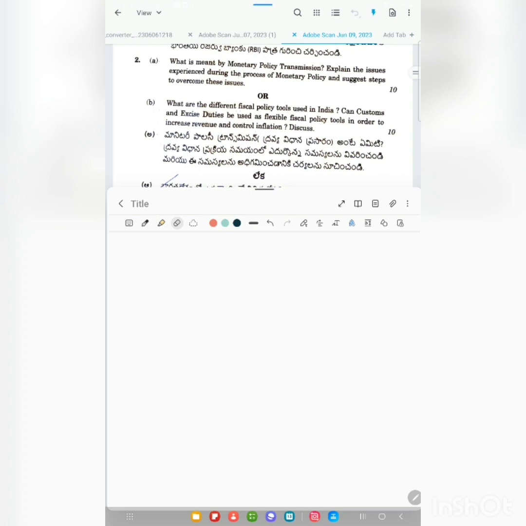First is, what is meant by monetary policy transmission? Explain the issues experienced during the process of monetary policy and suggest steps to overcome these issues. So again this question has three parts. One is, what is monetary policy transmission? Define. Second is, explain the issues experienced by the monetary policy.